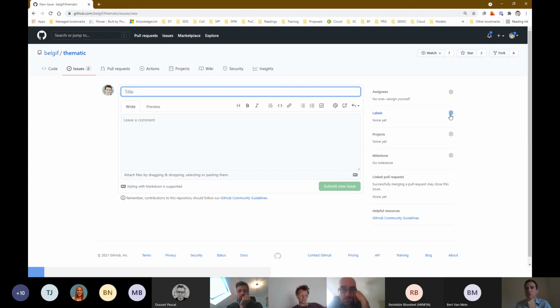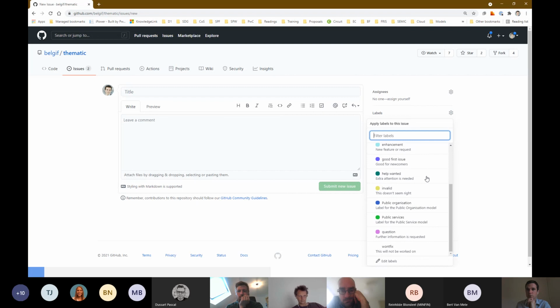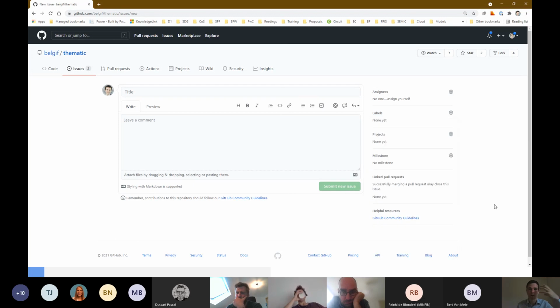And then every time you create a new issue, indicate some labels on the right side. Here, among the different labels, you will find public organization and public services. Please pick one every time you create a new issue, so that it's easier for us to classify and categorize what it is referring to, in which model you would like to see that.